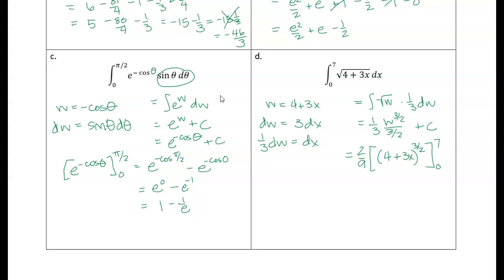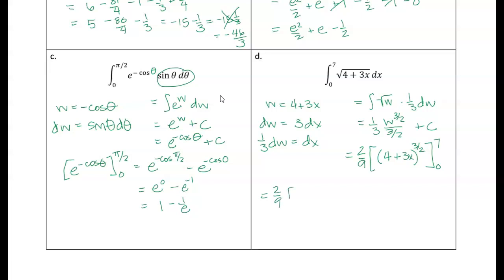So I'm just going to bring the 2/9 out front, and then I can distribute it later. I'm just going to evaluate what I have here in square brackets, because I can always pull the 2/9 out front using the distributive property. So 2/9.